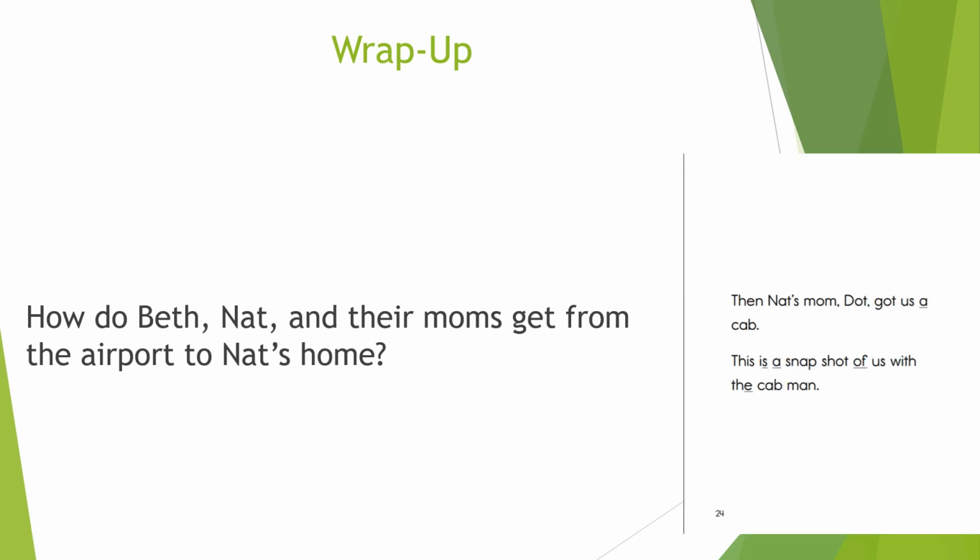Think back to page 24. It says, then Nat's mom, Dot, got us a cab. So how did they get from the airport to Nat's home? They rode in a cab. Do you remember what color that cab was? It wasn't yellow like in the US. The cab in the UK is black.